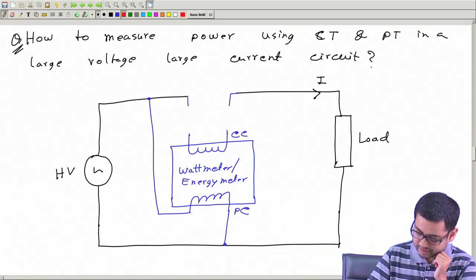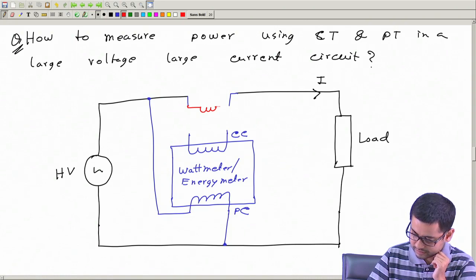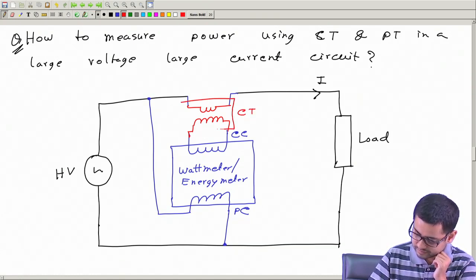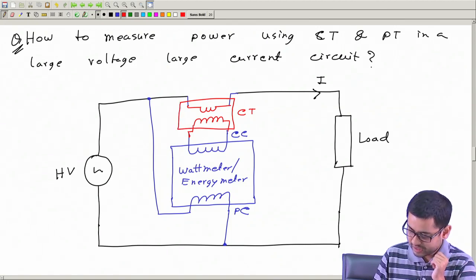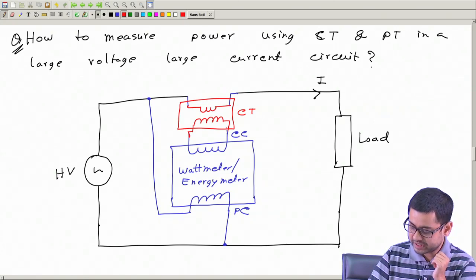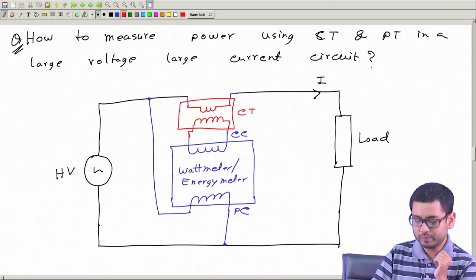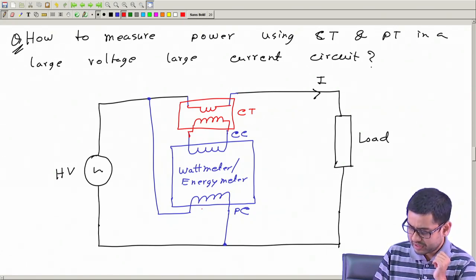So let us put a current transformer. So this is CT, and therefore the current that flows here will be stepped down to a low value, and we can connect it to the wattmeter.